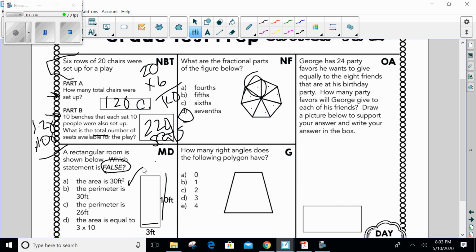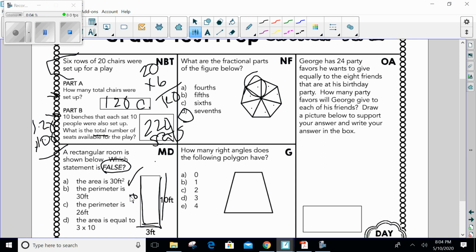It says the perimeter is 30 feet. That's the distance around. So let's count it. We have 10, we have 3, that's 13. Well, we have another 10. Don't forget those 2 sides that don't show it. You know that this is going to be 10 because the opposite side is 10. And in a rectangle, the opposite sides are congruent, same size, same shape.